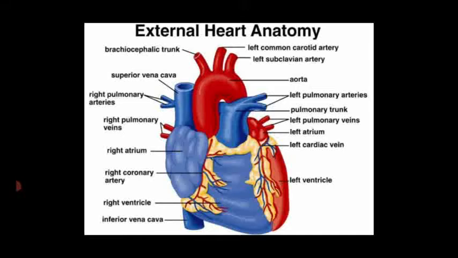Left ventricle gives rise to the aorta. The oxygenated blood is supplied by the aorta to various organs of the body. And the coronary artery supplies the blood to the heart. So these are all the different arteries and veins located in the heart, carrying pure blood and impure blood.